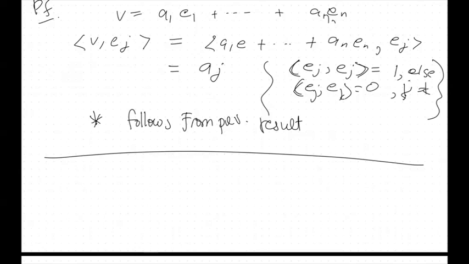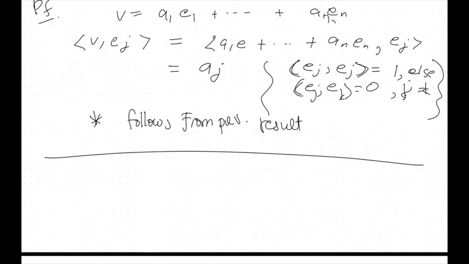Now, how do you get the orthonormal basis? This is due to Jørgen Gram, a Danish mathematician, and Erhard Schmidt, which sounds German. Later on they call this the Gram-Schmidt process, or sometimes the Gram-Schmidt procedure, depending on the reference. Here we will call it the Gram-Schmidt procedure.